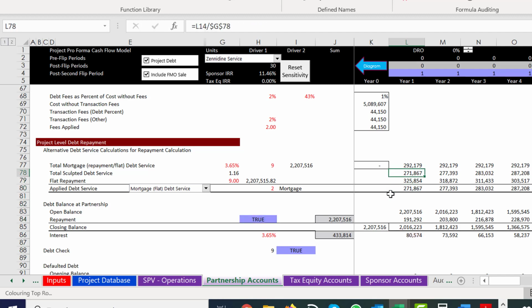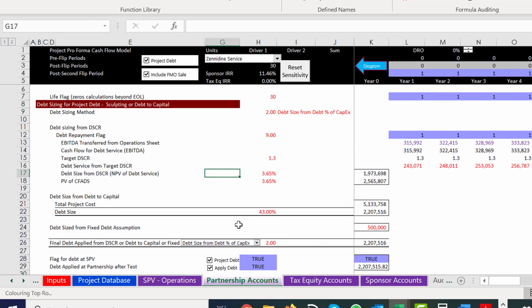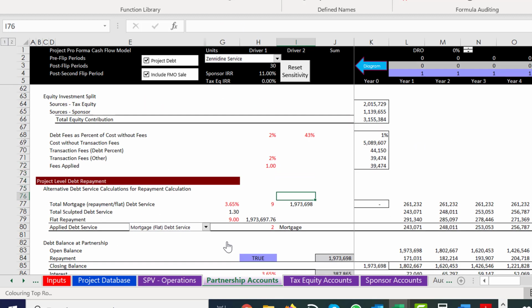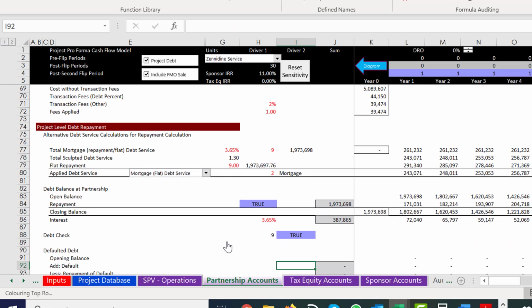And then if this is sculpted debt service, here we use the LLCR, not the DSCR. Now, if we would happen to have sized the debt from the DSCR, that's this one, and you will be able to, I'm not going to give you this file until I've finished all of the changes, because I'm going to make changes as I go along while I'm trying to explain things.